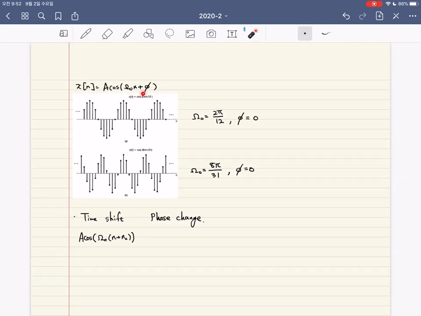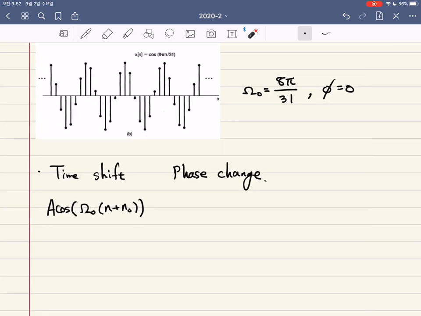Assuming that phi is 0 for this example here, you can solve the inner parenthesis and get omega 0 times n plus omega 0 n0.